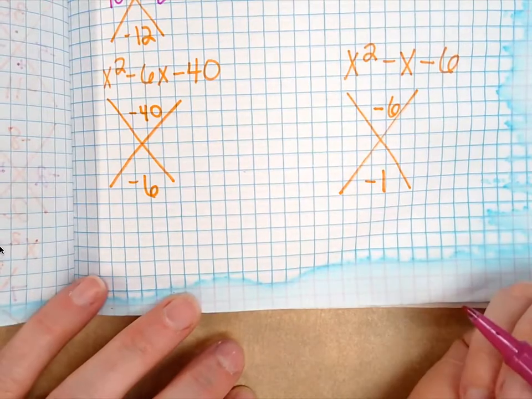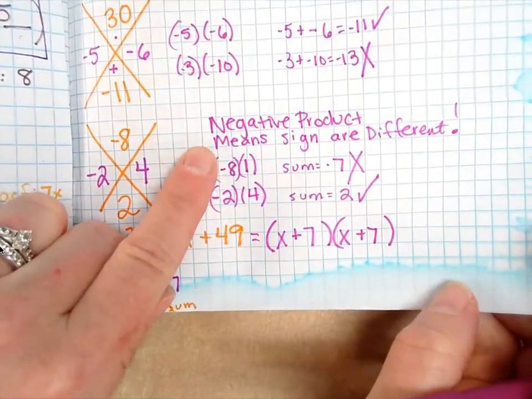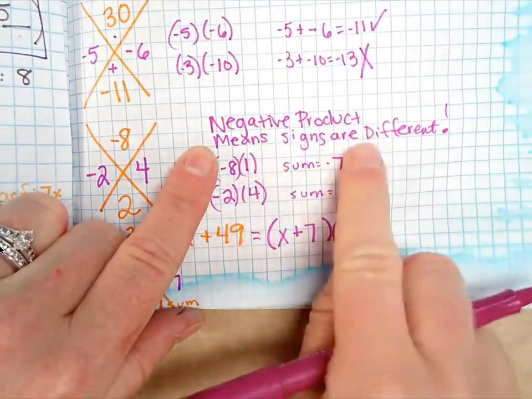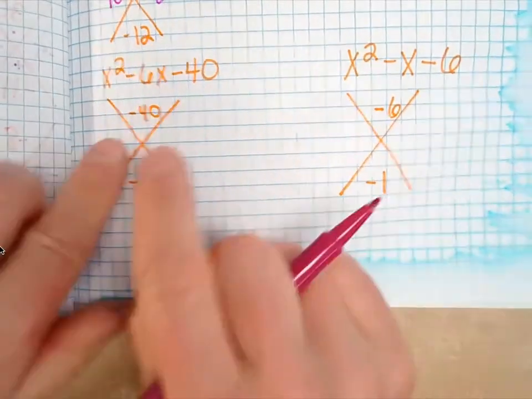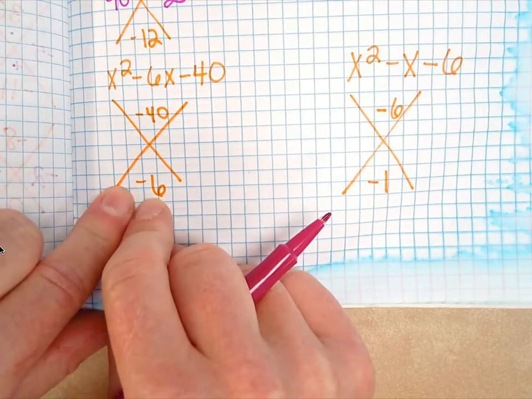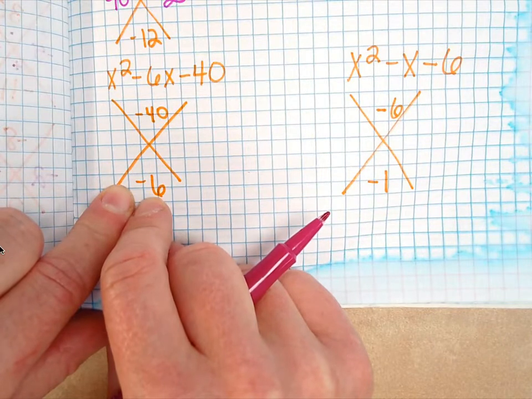Okay, let's look at the first one. A negative product. What do we say about a negative product? Yep, means the signs are different. So you want different signs to get negative 40 that add to get negative 6. So the difference between them. Different signs, difference.